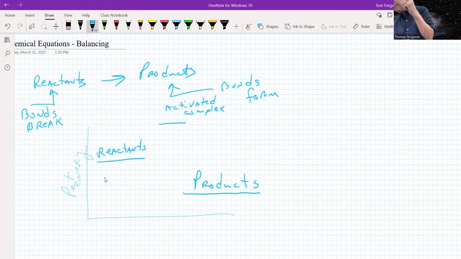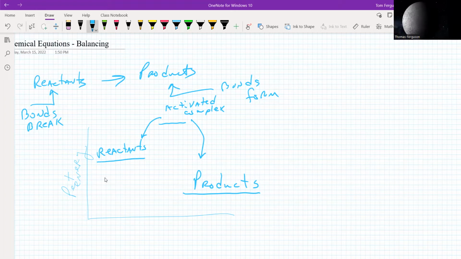That activated complex bundle wants to go here or here, because those are the two more stable states than the activated complex. And depending on how stable this is, more will go over here, but there's always some that go back to the reactants. And it's important to realize that. And it's just back and forth. It happens all the time.